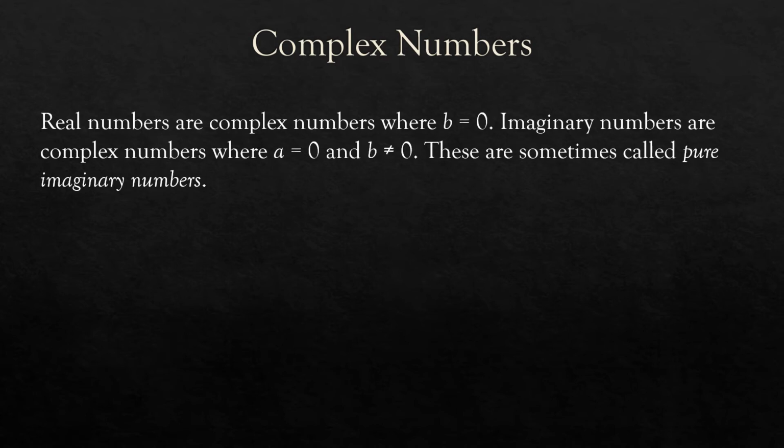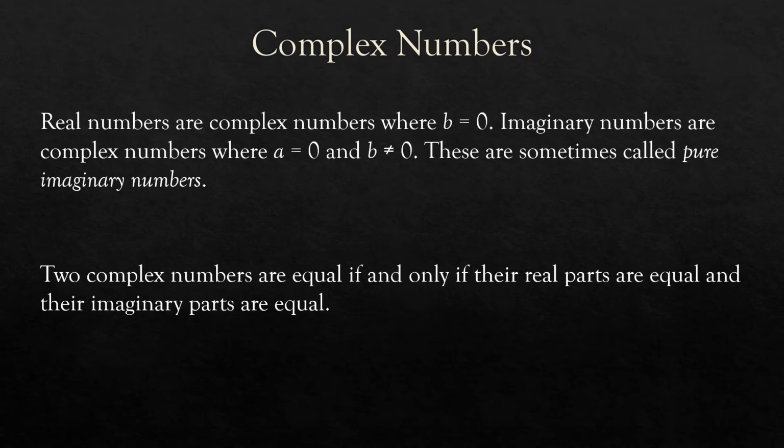In the same way of thinking, imaginary numbers are complex numbers where a is equal to 0 and b is not equal to 0. These imaginary numbers where you don't have a real part are sometimes called pure imaginary numbers. Now, two complex numbers are equal if and only if their real parts are equal and their imaginary parts are equal. In other words, their a's have to be equal and their b's also have to be equal.